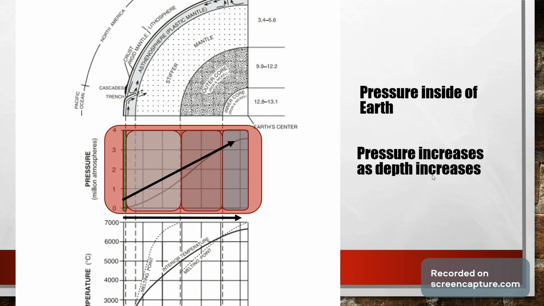So, hypothetically, you could be asked what is the density or the pressure at a certain kilometer distance inside the Earth. You can use the depth measurement at the bottom of this chart, go all the way up until you hit this line, and you can read the pressure on the left-hand side here. It's 0 through 4 million atmospheres of pressure.